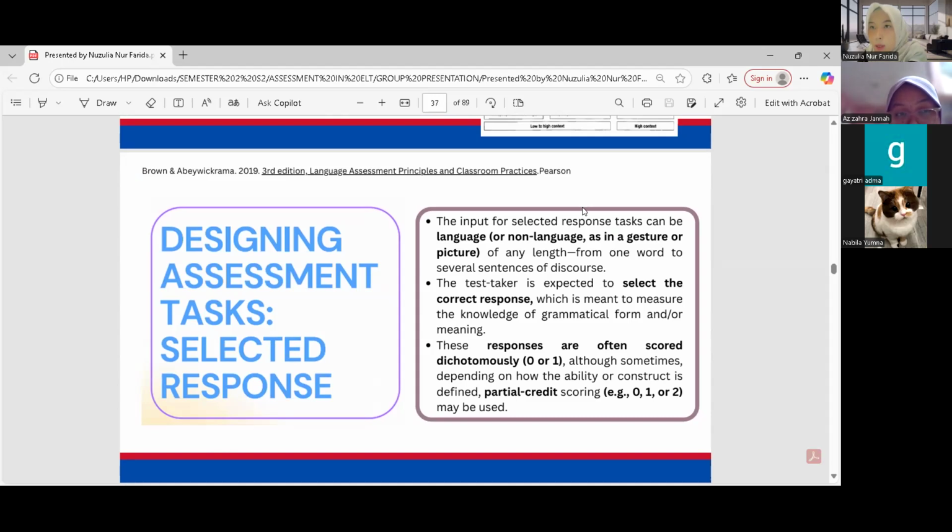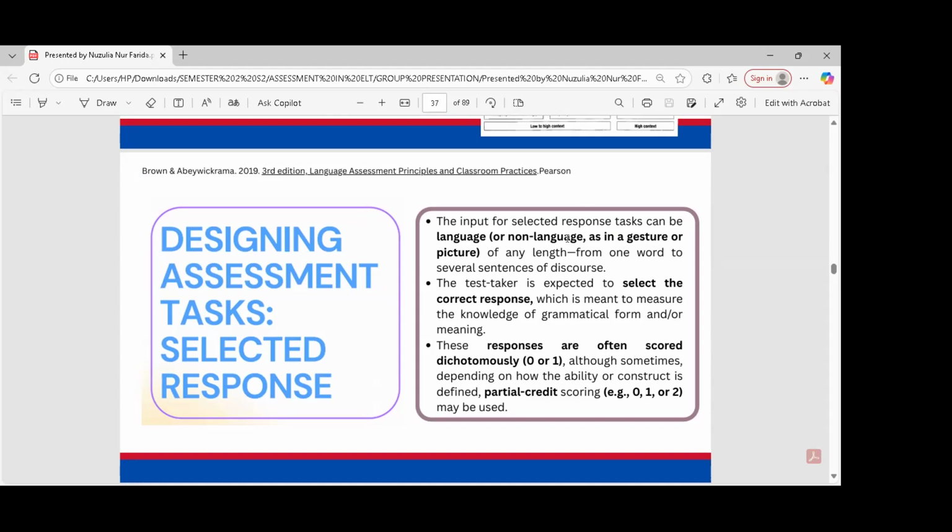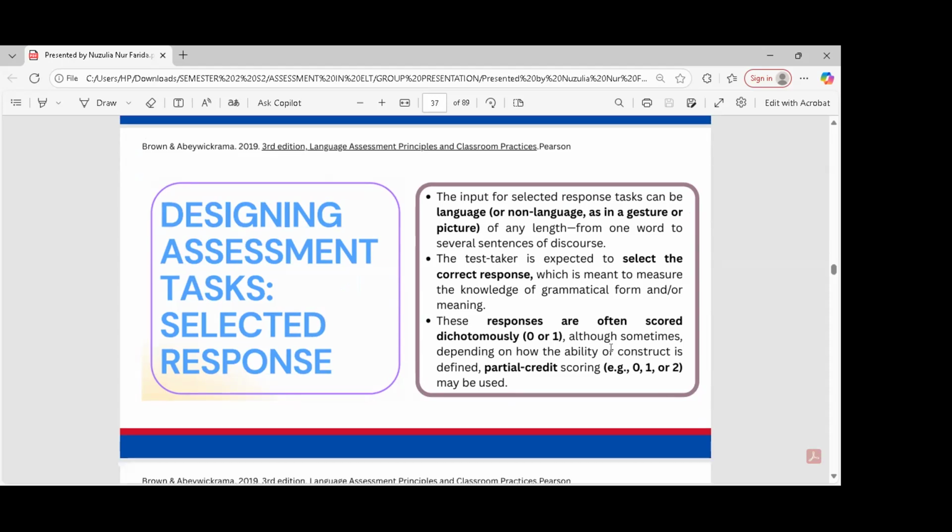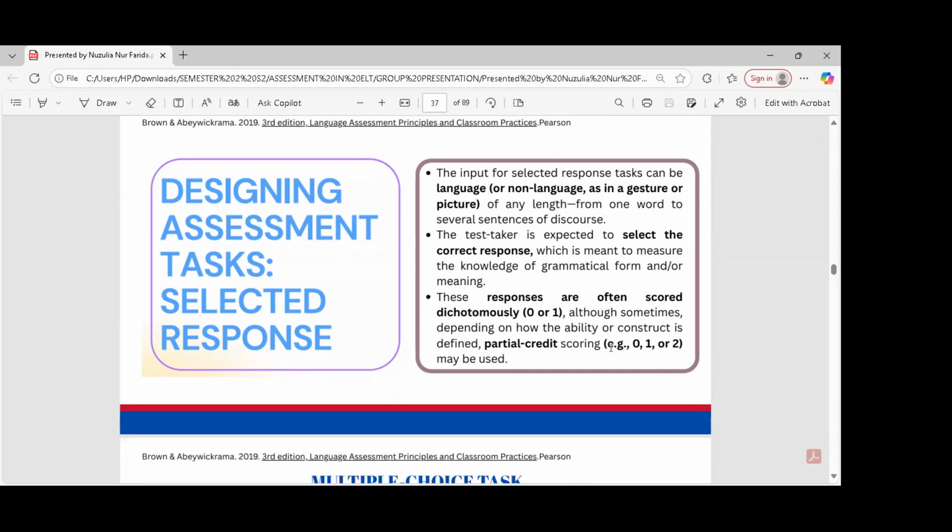The input can be language or non-language, and then the test taker is expected to select the correct response, and the responses are scored as 0 or 1 point, and also with partial credit scoring as 0, 1, or 2.